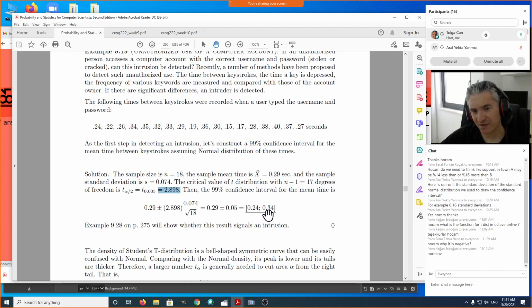But 0.37 is also too close to this. If it was 0.6, you would be more confident that it's an intrusion, right? With 0.37, you can still say that you're 99% confident that it's an intrusion, but still, maybe something close to call.